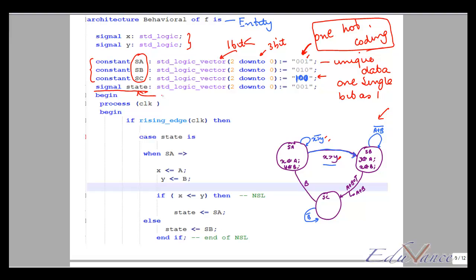You can call this state X, you can call it John, you can call it whatever you want to. So please understand that the word state is not a keyword. That said, it is very important to understand that the signal state must be the same size as your constants, because the value of the signal should be able to hold these constant values.